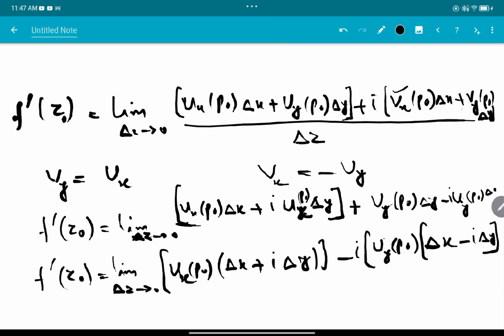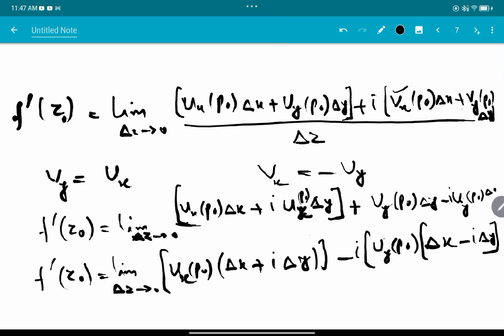So delta x minus i delta y. It was minus i into minus i, that is i square; minus minus is plus, sorry, it will be minus.